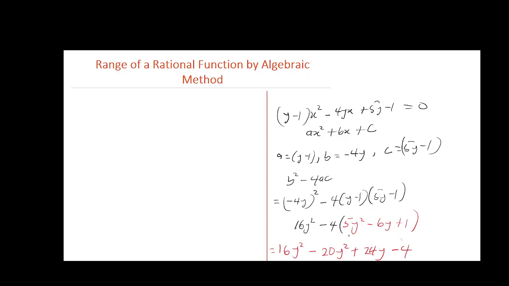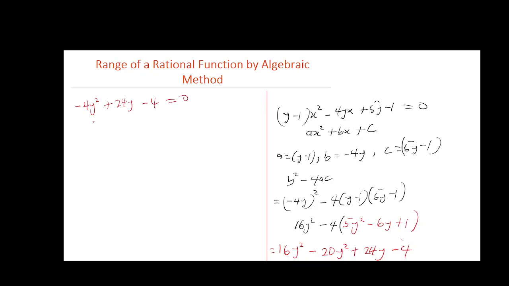Since we have 16y squared minus 20y squared, if we put that together, we are going to have minus 4y squared plus 24y minus 4 equals 0, right?